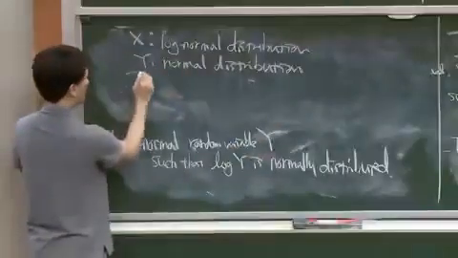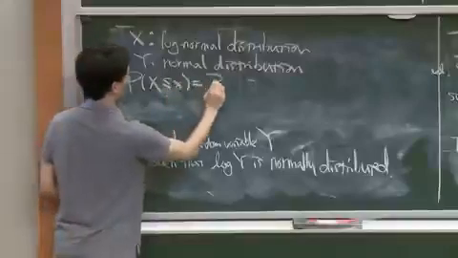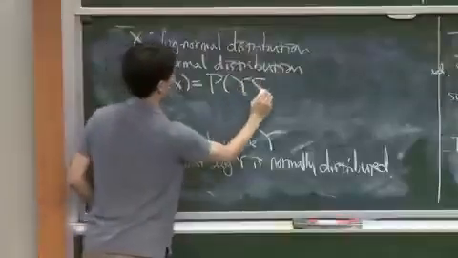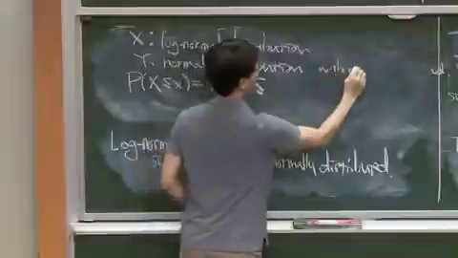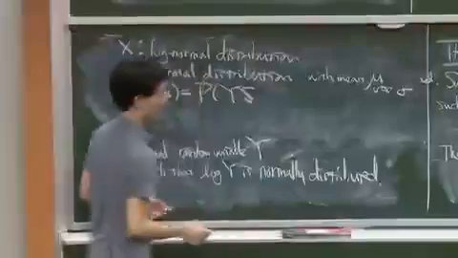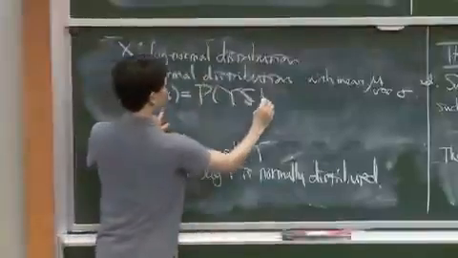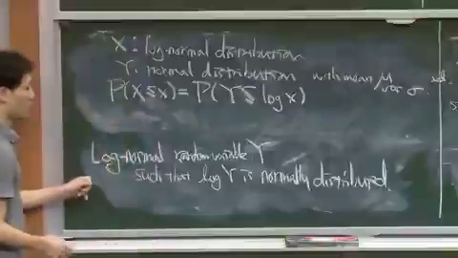Then the probability that x is at most x equals the probability that y, with parameters mu and sigma, is at most log x. That's the definition of log normal distribution.